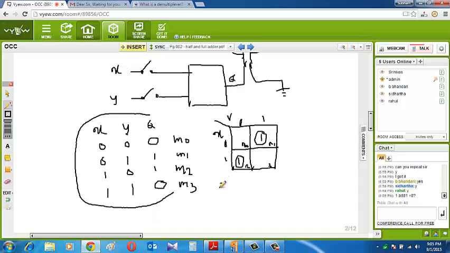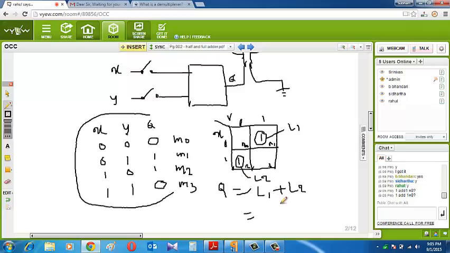Now Q is equal to, then what? Suppose this is loop 1, L1, and this is loop 2, L2. So it should be L1 plus L2. Now what will be L1? Rahul, tell me, what will be L1? Everyone try.